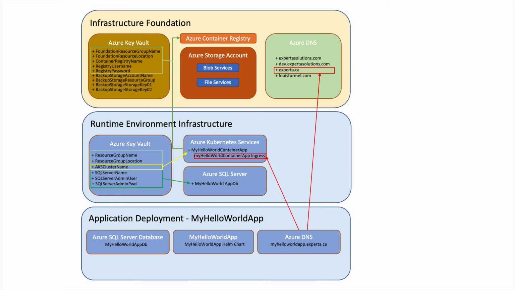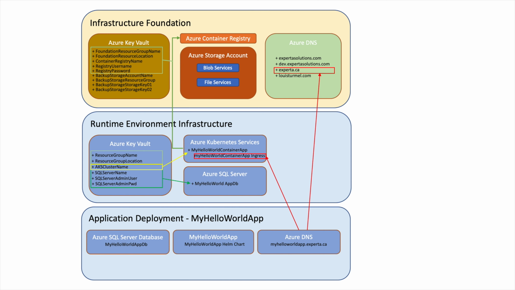So when I deployed the application on the new server from my release pipeline, I was able to extract the new IP address used by the ingress of my application and then use it to update my DNS name dev.expertosolution.com to the new IP address used by my new AKS cluster.